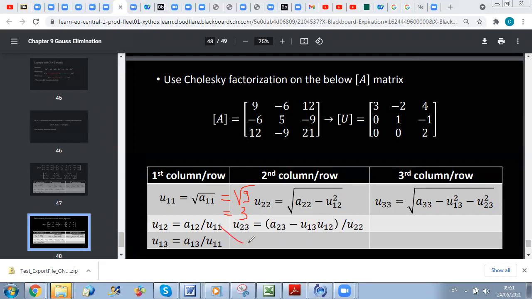U12 will be equal to A12, which is minus 6, over U11, which is 3. So U12 will be equal to minus 2. U13 is equal to A13, which is 12, over U11, which is 3, so we get 4.